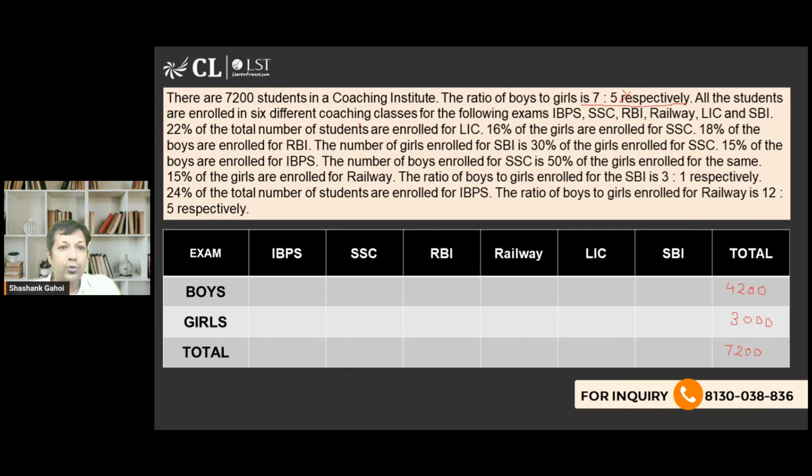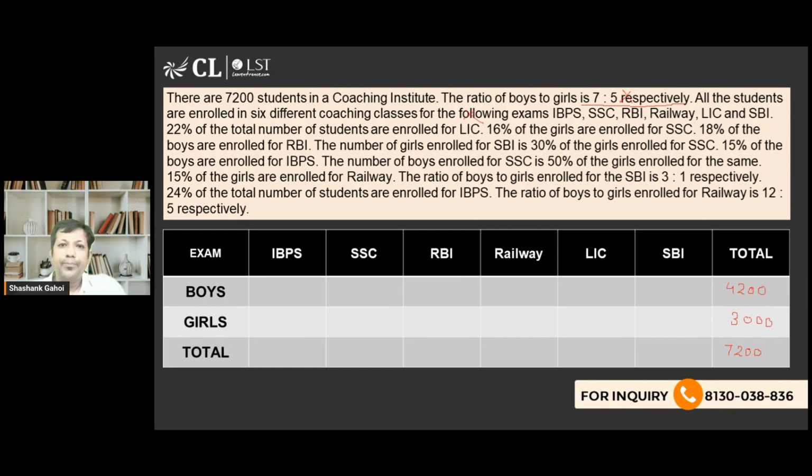All the students are enrolled in 6 different coaching classes and exam names are given. We have already made the table accordingly, so I don't care much about it. 22% of the total number of students are enrolled for LIC. So 22% of 7,200, how are we going to calculate it?